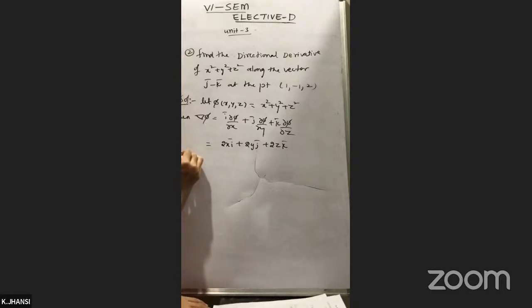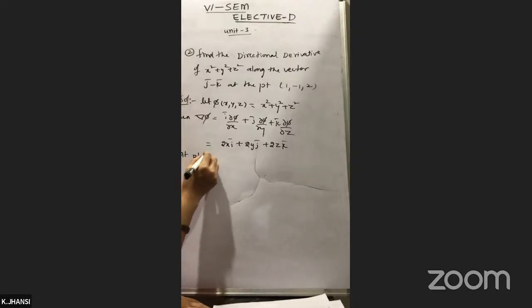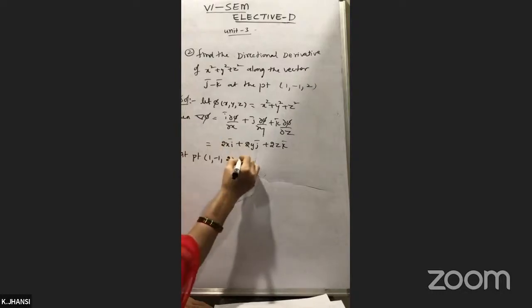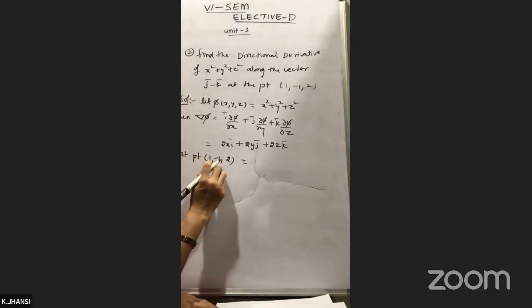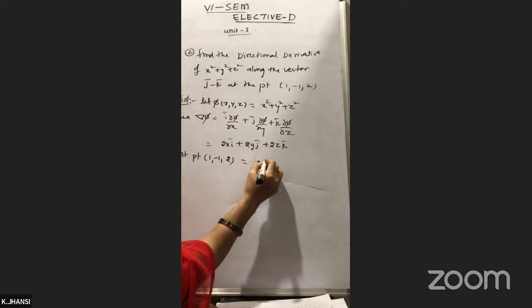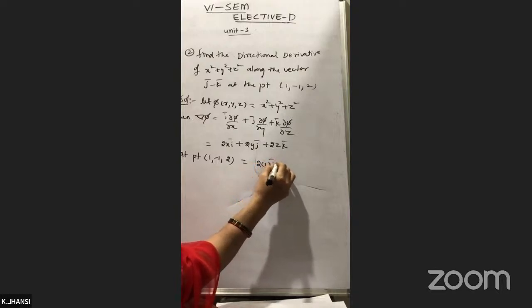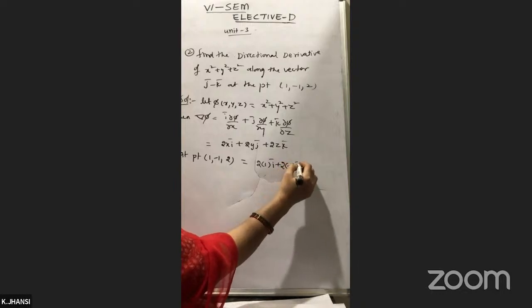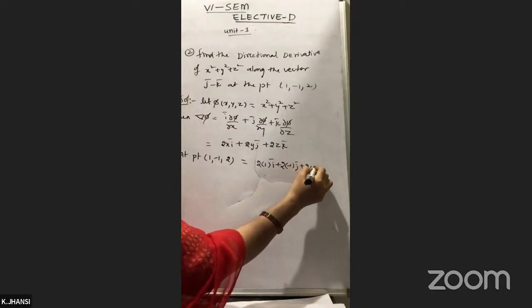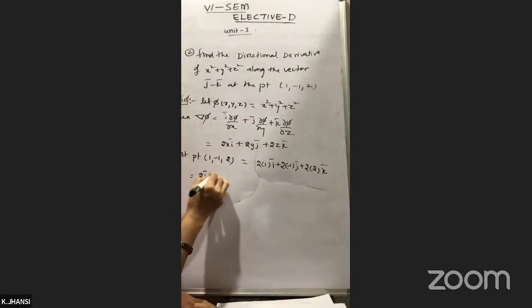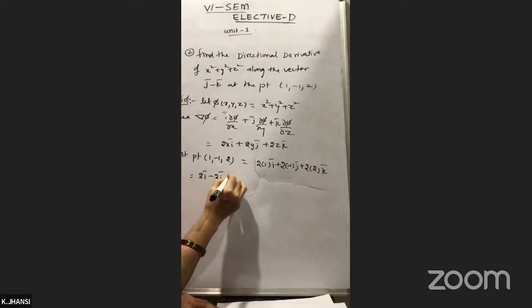At the point given in the question, (1, -1, 2), this is the x value, this is the y value, and this is the z value. If you substitute here, you get 2 into 1 i plus 2 into -1 j plus 2 into 2 k, so 2i - 2j + 4k.